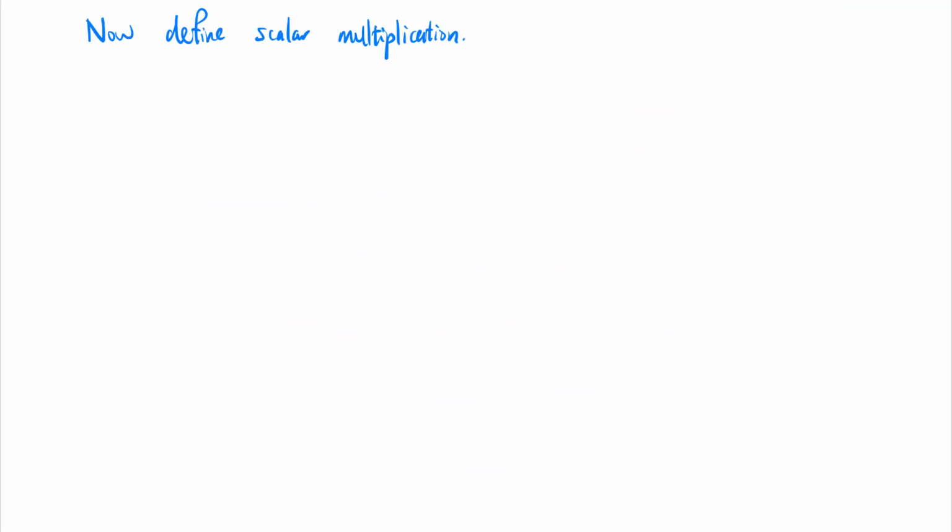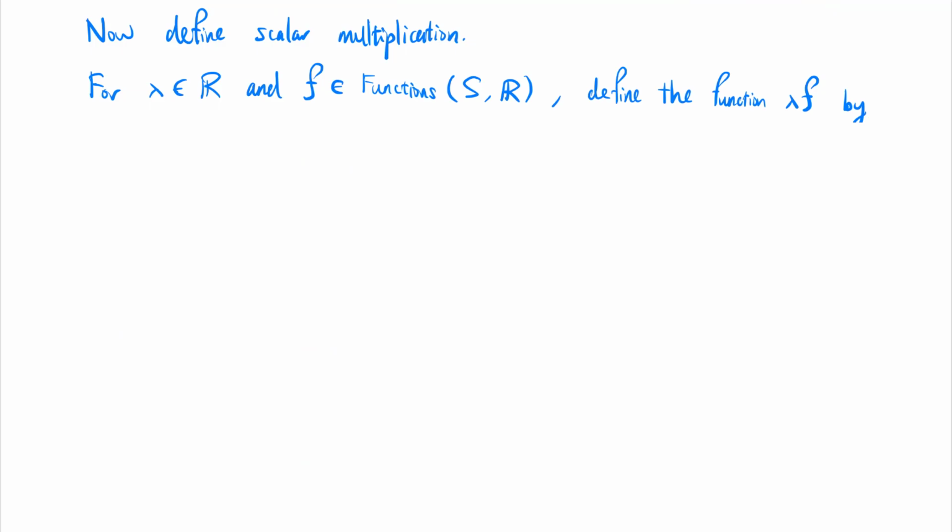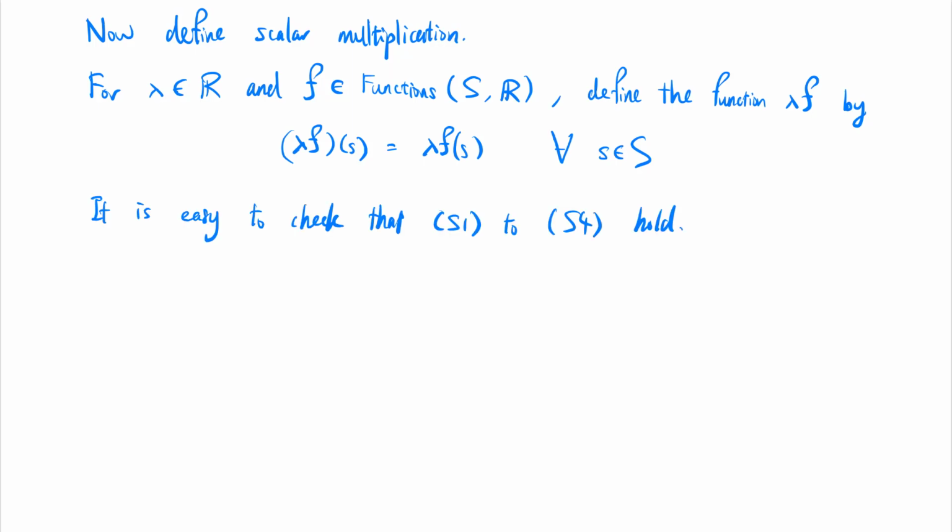Now we define scalar multiplication. For lambda in the reals and f a function from S to the reals, we define the function lambda times f as follows. (lambda times f)(s) equals lambda times f(s) for all s in S. It is easy to check that S1 to S4 all hold.